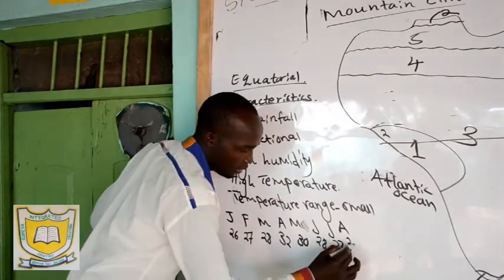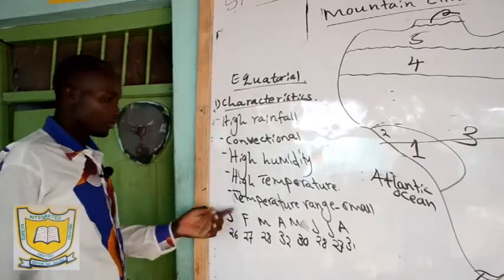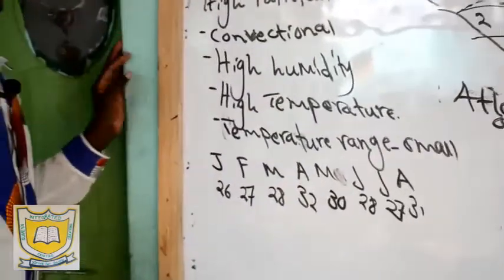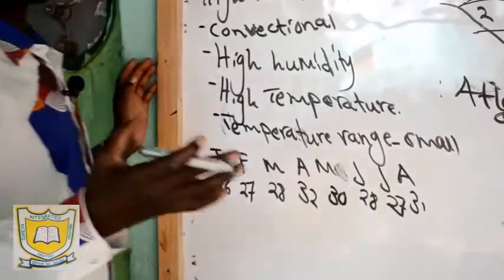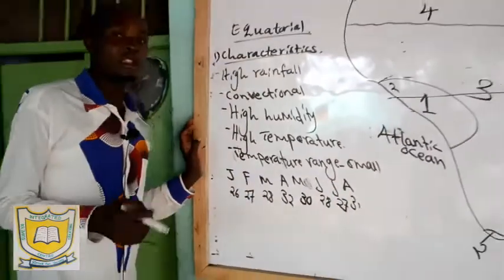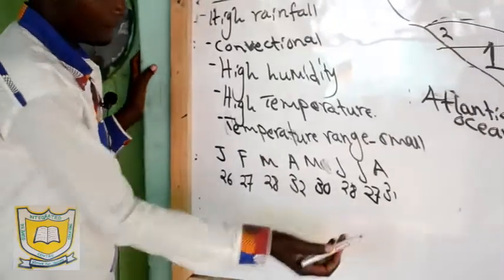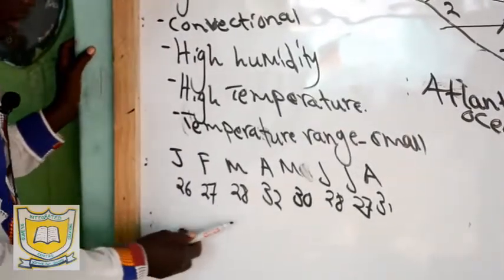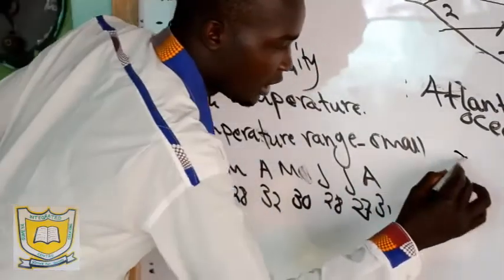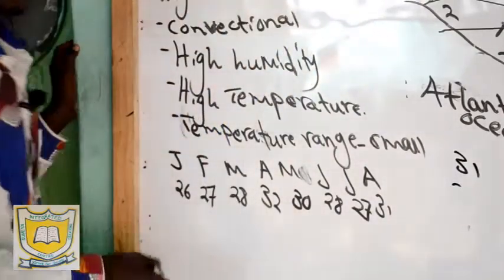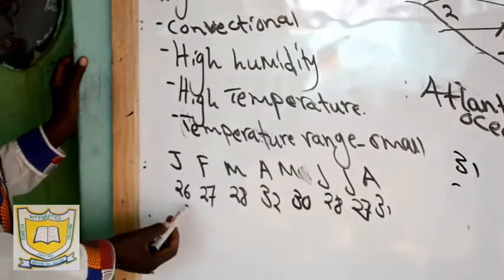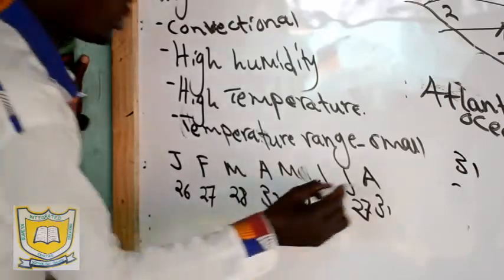And then 31. So when we talk about temperature range, we are looking at the difference between the largest temperature of the year and the smallest. So we look at which is the largest temperature here. We look at 31. So we take that one minus the smallest temperature of the year. This is 26. So minus 26.